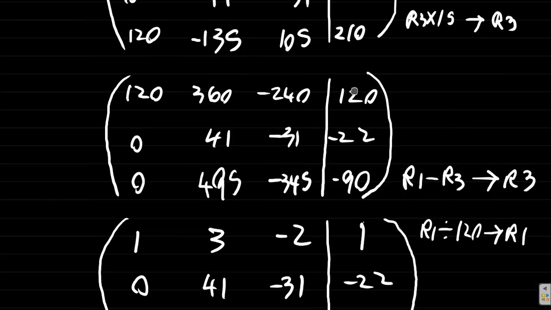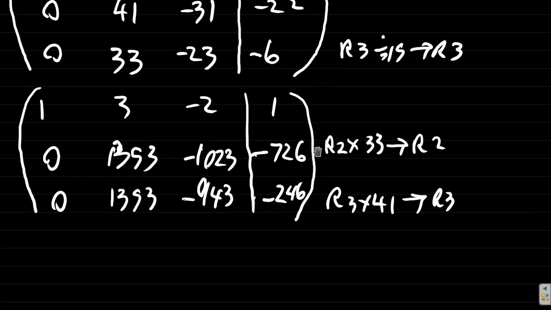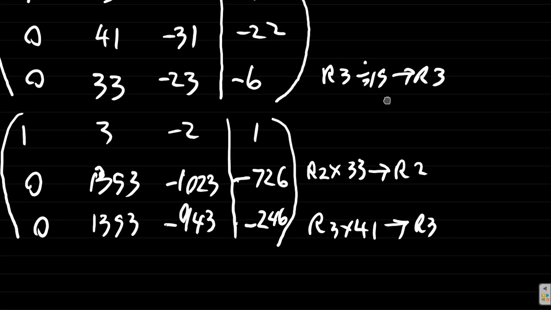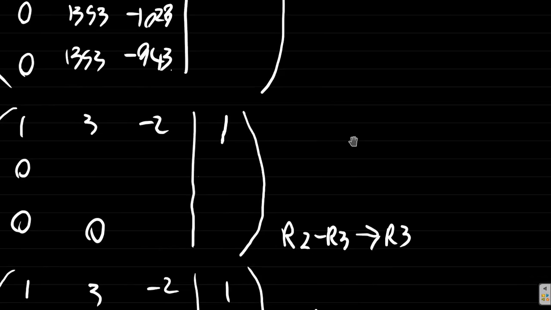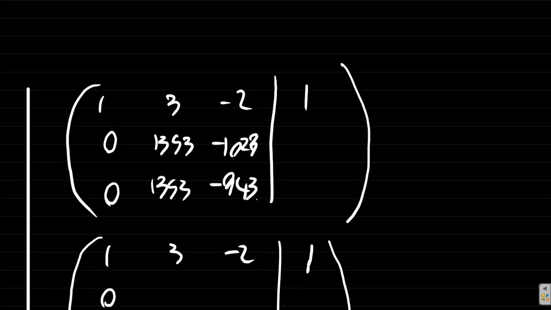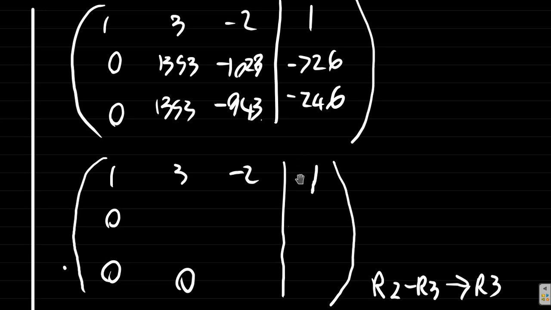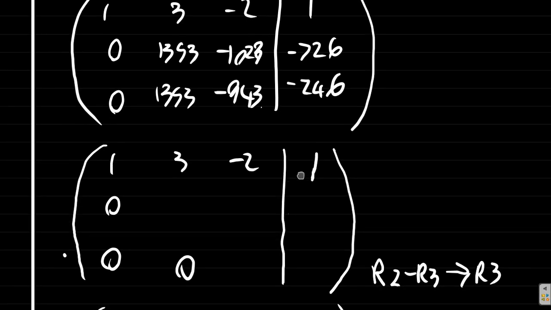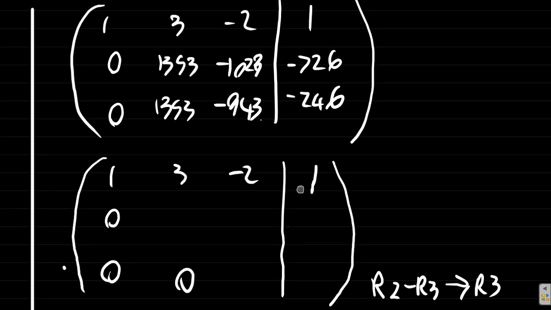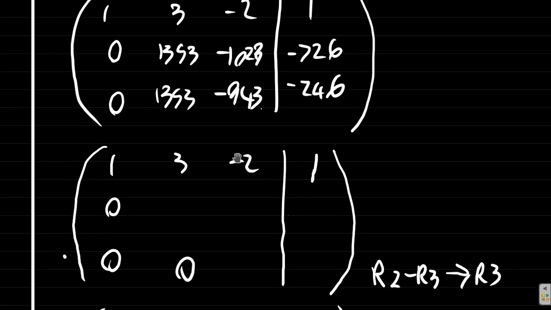And then both of them are minus, 726, 246. And both of them are minus. Then we say row 2 minus row 3 gives us our new row 3.